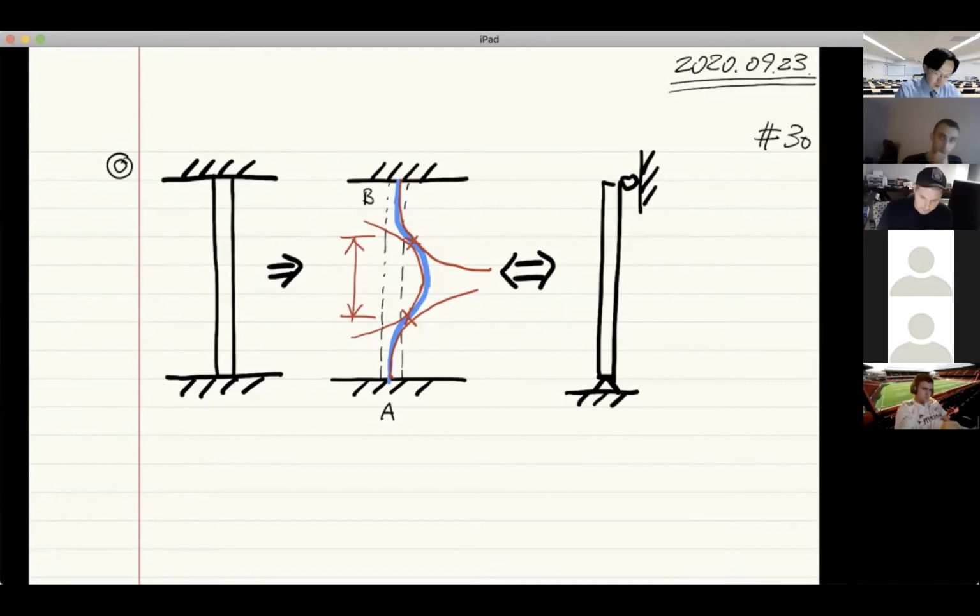Suppose that the length of a simply supported column is, we call it capital L. Equivalent length means that the buckling behavior of this column is equivalent to some fraction, some portion of the length of a simply supported column.